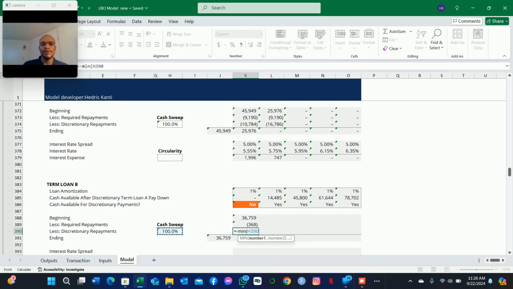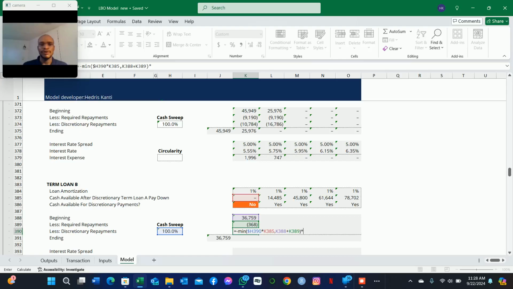So we take the minimum of whatever cash sweep amount, if it's 100%, we multiply it by the cash that is available to pay out this tranche of debt, or the difference between the opening balance and the required repayment.